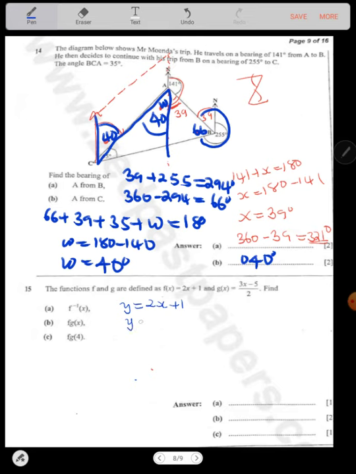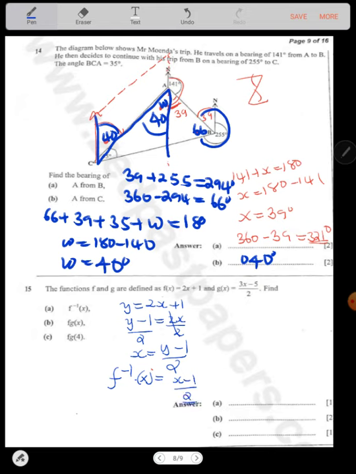So it will be y. 1 will come the other side, minus 1 is equal to 2x. So we have to divide because our aim is to remain with x alone. So we are saying y minus 1 over 2. Therefore, the inverse of the function of x, where there's y, you now put x, becomes x minus 1 over 2 as your answer.